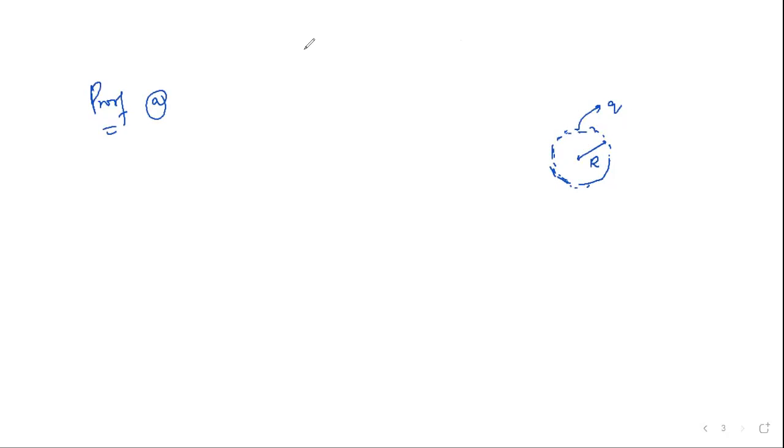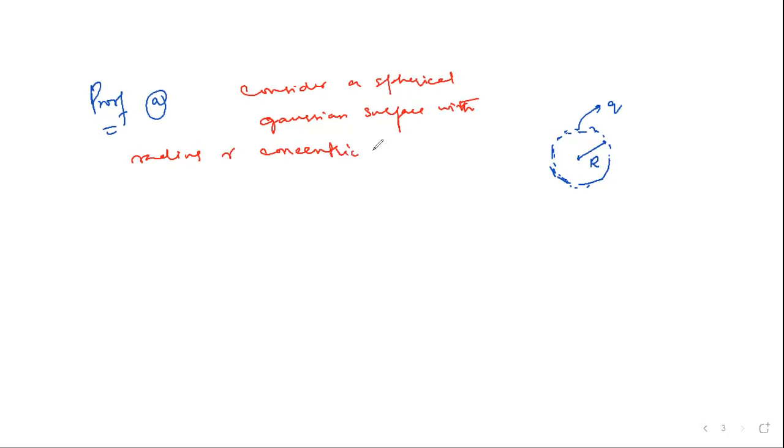Now consider a spherical Gaussian surface with radius r, concentric with the shell, as shown in figure 1.